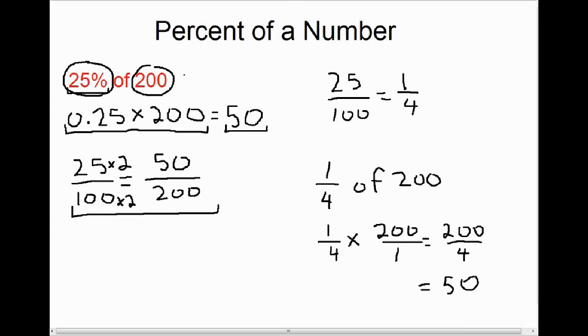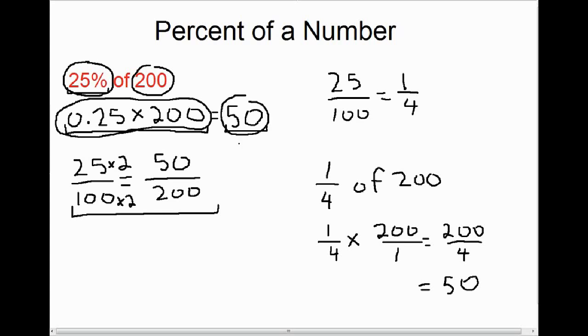So again, you can see here there's a few different ways to look at how to calculate a percent. I mean, yes, we can change it into a math sentence. Just change that percent to a decimal, and then multiply it times the number to give us our answer.